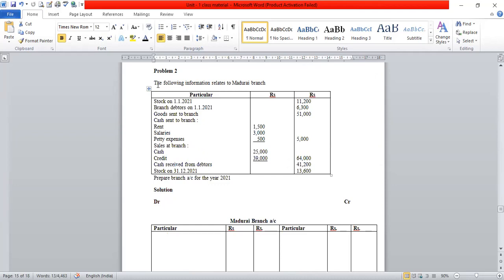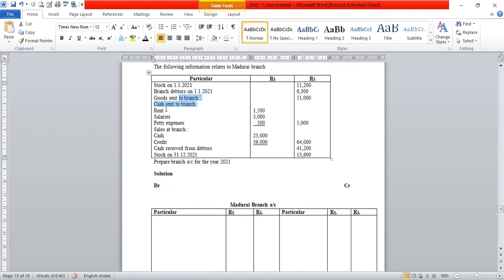The same opening is there, goods sent to branch, cash sent to, these are the expenditures, these are the sales, cash received from debtors and closing stock. See, in this problem it is the branch office. This is my company; I have to say what I did in my place.